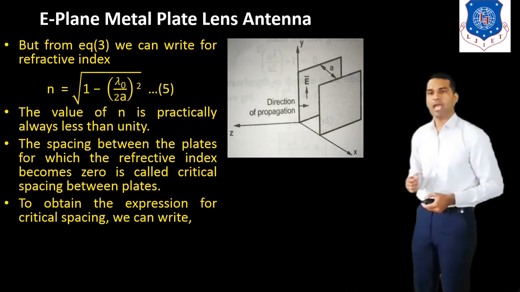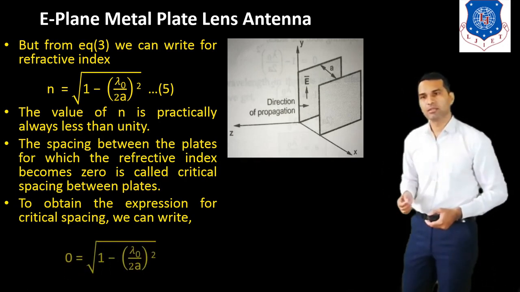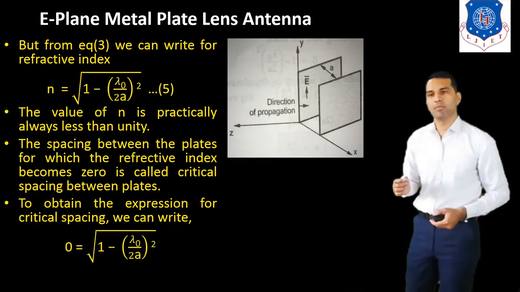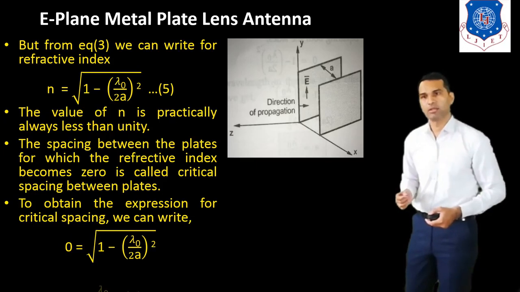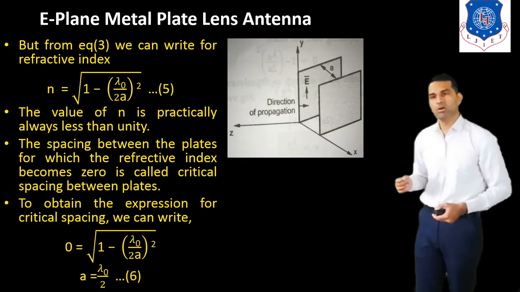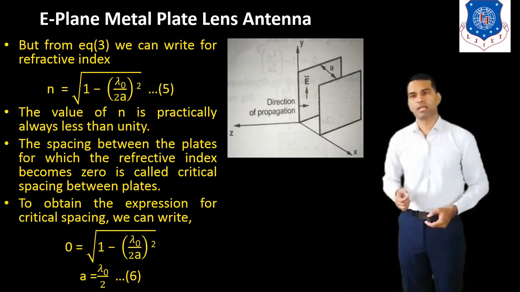To obtain the expression for critical spacing, we can write 0 = √(1 - (λ0/2a)²). So we get a = λ0/2. So this is the case for the critical spacing.